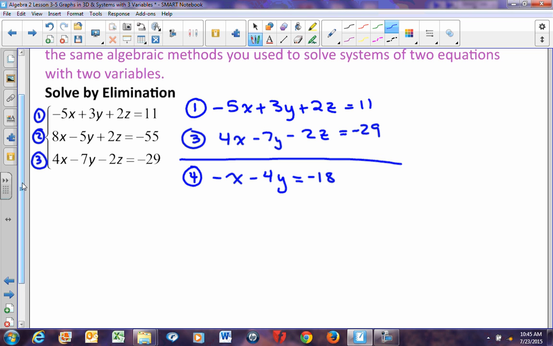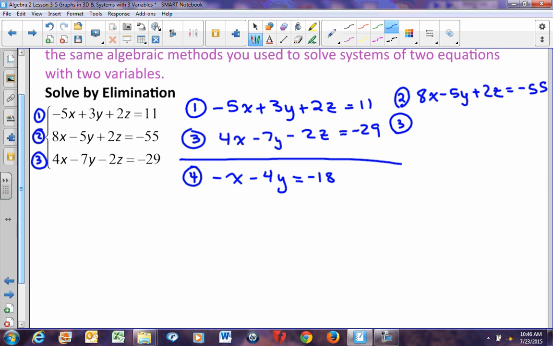Okay, now I'm going to take equation 2 and equation 3, and I'm going to add them together because I'll again eliminate z. I need to take two different equations, but eliminate the exact same variable. So I'm going to take equation number 2. Equation number 2 says 8x minus 5y plus 2z equals negative 55.